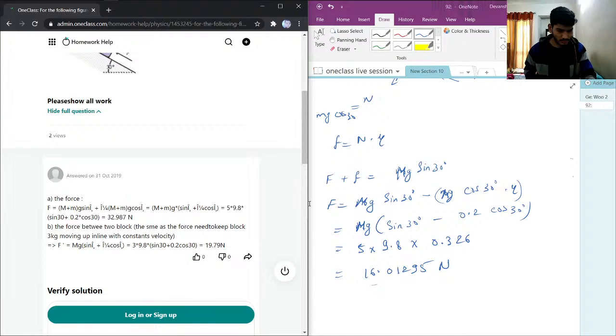I'm not sure. I'll just cross check this. This was cosine 30. Okay, it was minus. I made a mistake.